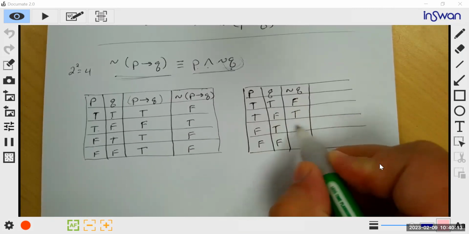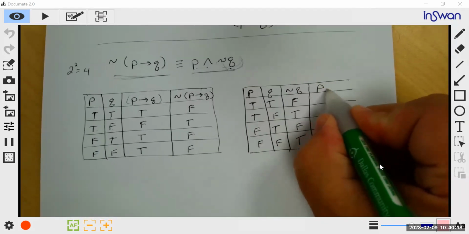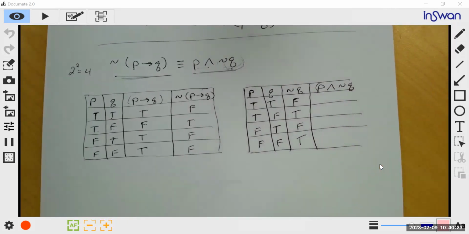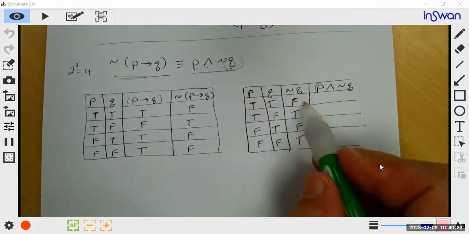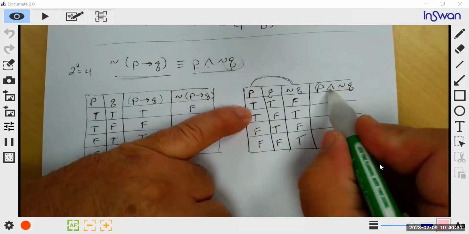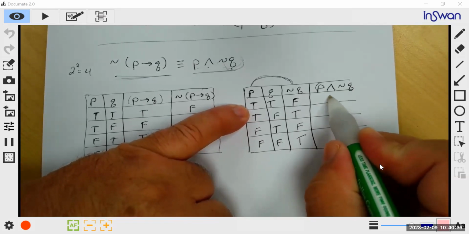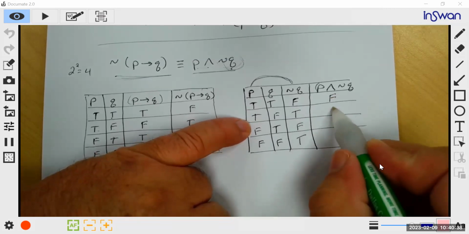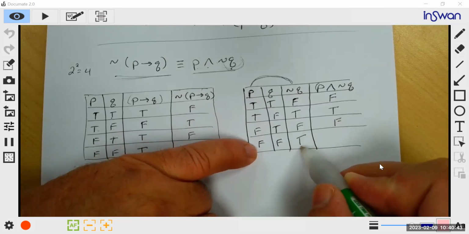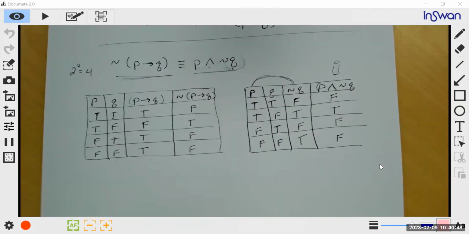False to true, true to false, false to true. Now we can do the statement with P with these two columns, with the and statement. True and false, false. True and true. False and false. False and true. Remember, and is a single pipe, ladies and gentlemen.